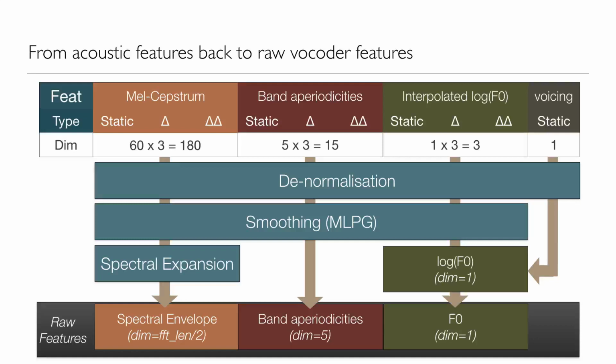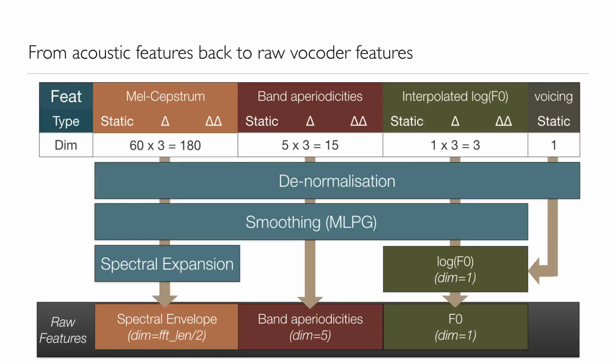Okay, so we need to use this method called MLPG, which is like a statistical filter that smooths the features in a good way. Then after that, we need to recover the spectral envelope from the compressed Mel-cepstra.